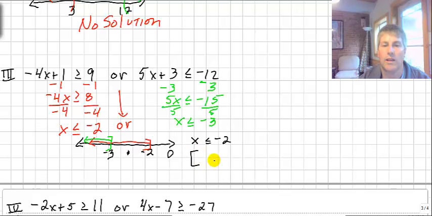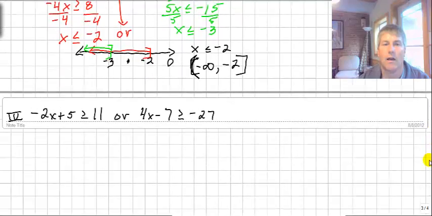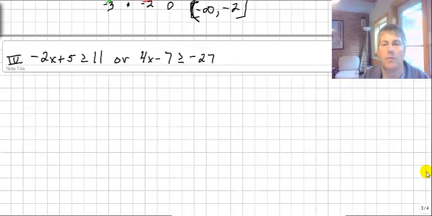And our interval notation tells us that we're going to go from, pardon me, we're going to use a parenthesis there, negative infinity. And we're going to start at negative 2, and we're going to be happy with negative 2. So that is our interval notation answer. And finally, on to sample problem 4.